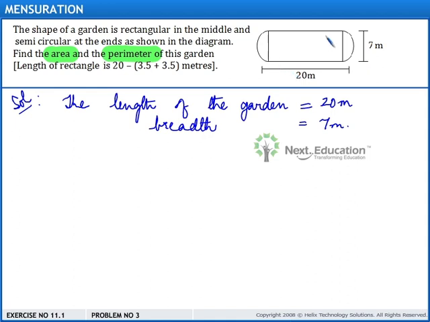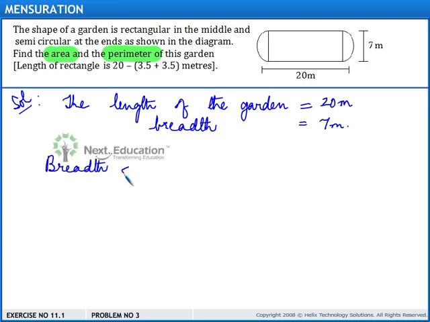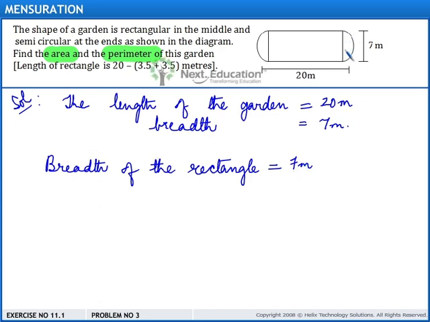First we find out the area of this rectangular part. For this we write the measurements. The breadth of the rectangle is equal to 7 meters. But this is the diameter of this semicircular part. Therefore we write here diameter of semicircle is equal to 7 meters.